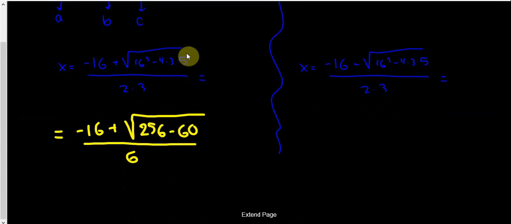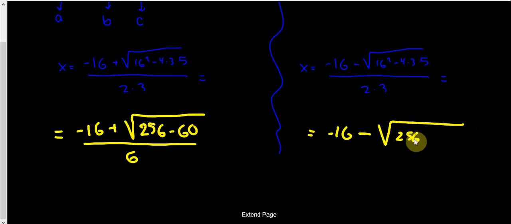Okay. Now, I'm going to have the same numbers over here, minus 16, except it's going to be minus the square root of 256 minus 60 divided by 6. Okay. Now, let's see here. What is 256 minus 60? I'm glad you asked.